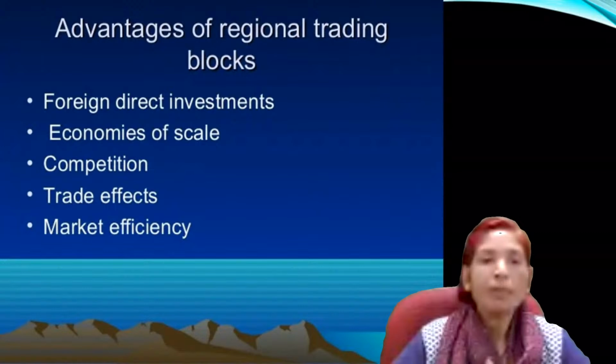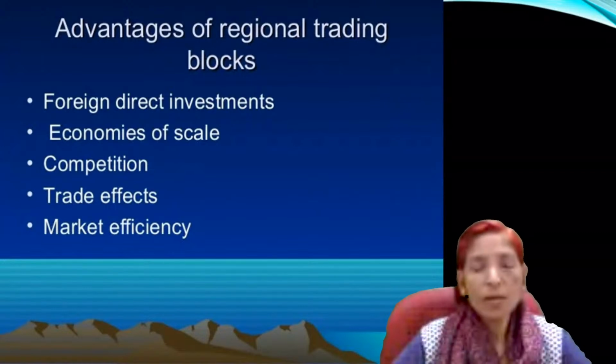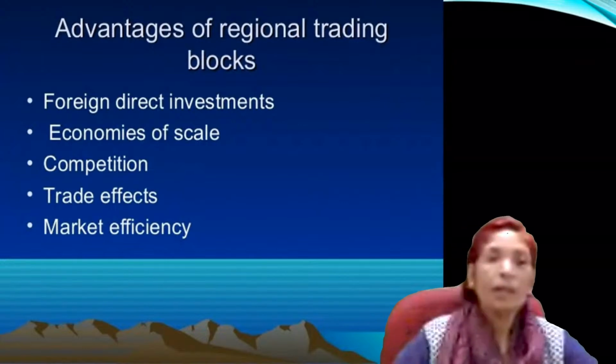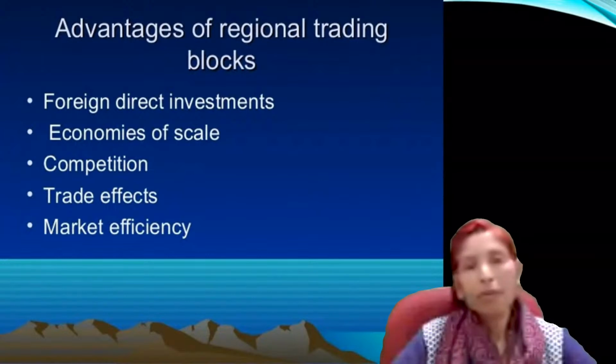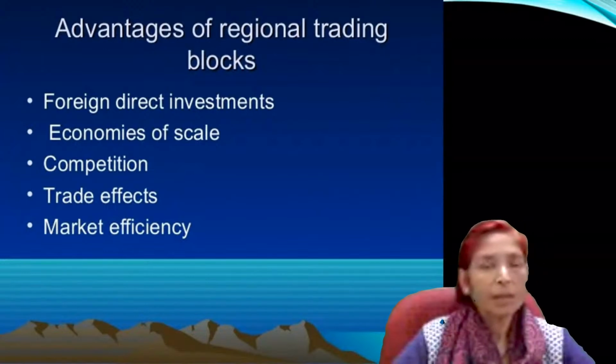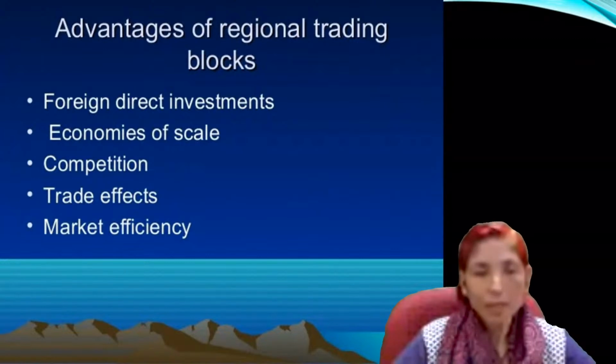More competition will increase. If competition exists in an economy, then quality will also improve. And trade effects, it will give positive trade effects. It will enhance business activities or producing more goods and services in each and every country.